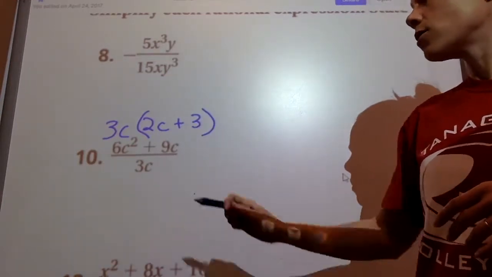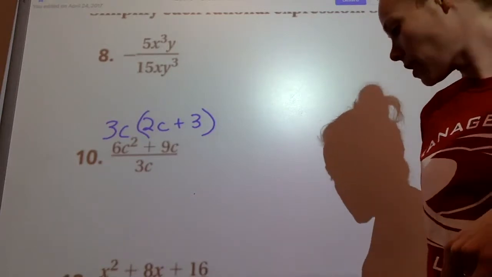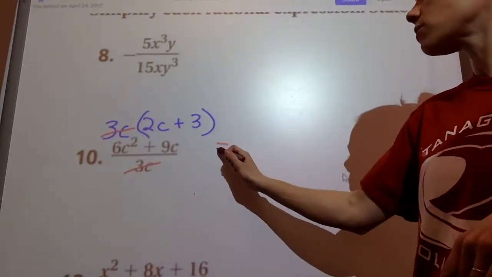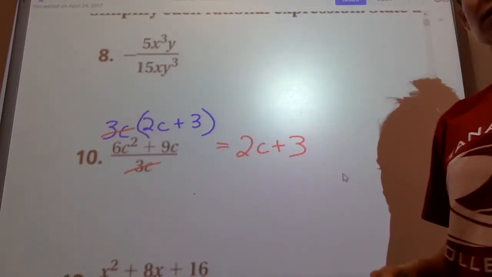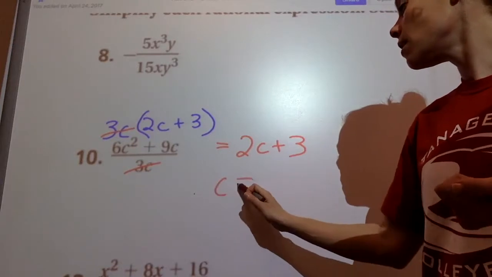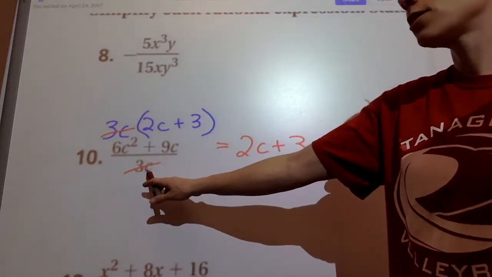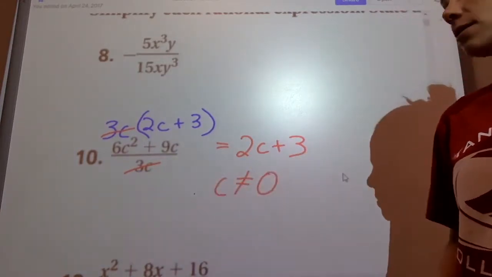Okay. Now you should notice that you can cross something off. I have a 3c on top, I have a 3c on the bottom, they cross off, so this just simplifies to 2c plus 3. And this is fine as long as c does not equal what? 0. c could not be 0 because that would make the bottom 0. So c cannot be 0.